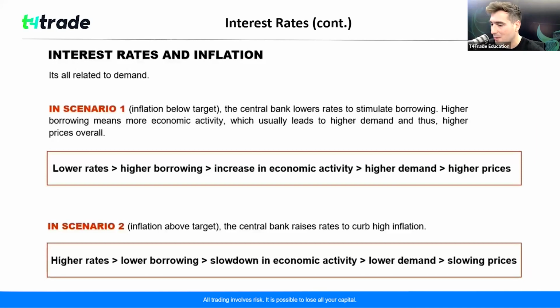Therefore, you see central banks raising rates, either by 25 basis points, half of a percent, 1%, depending on the economy and how grave the problem of inflation is. They tend to raise interest rates in order to restrict borrowing. High interest rates mean fewer people want to go to the bank and get loans.